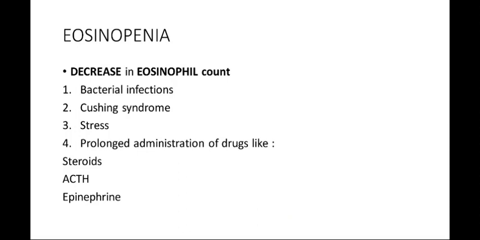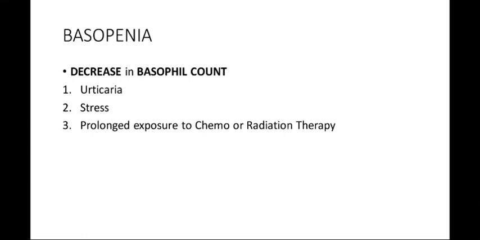Eosinopenia means decrease in eosinophil count. It occurs in bacterial infections, Cushing syndrome, during stress, during prolonged administration of drugs like steroids, ACTH and epinephrine. These will cause decrease in eosinophil count.